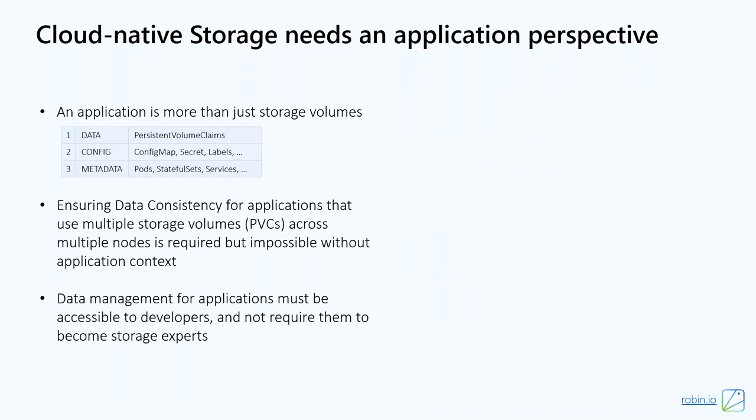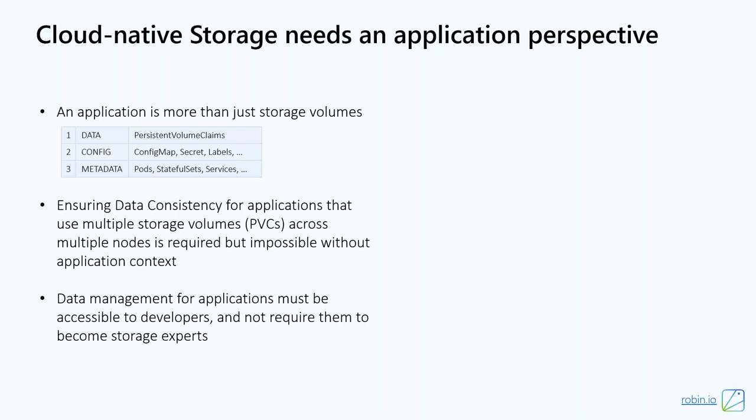Now, how do we make it simple, right? I think I have mentioned multiple times that we have to make storage simple. We have to make data management simple for stateful applications so that developers don't have to rely on IT tickets for some of these tasks, right? So one thing we do is we make Robin storage application aware.